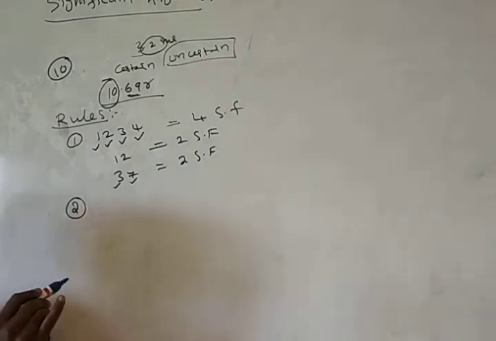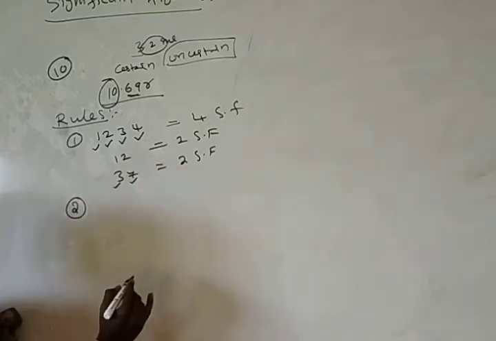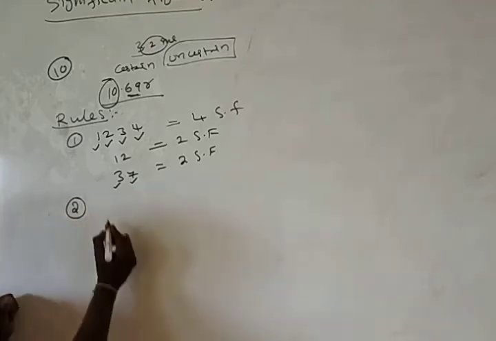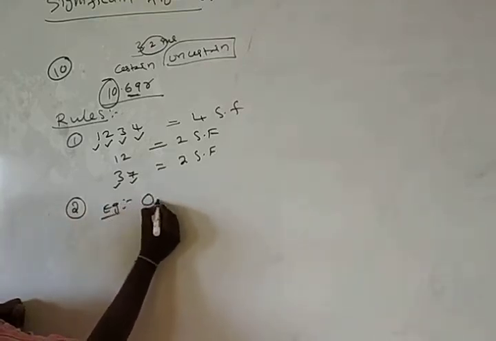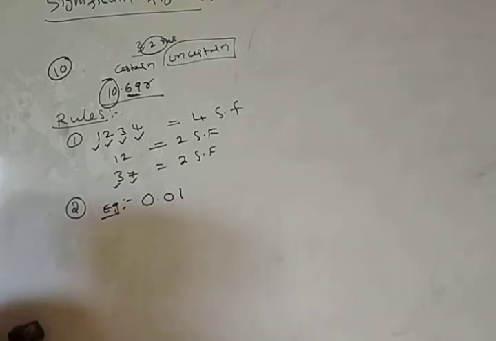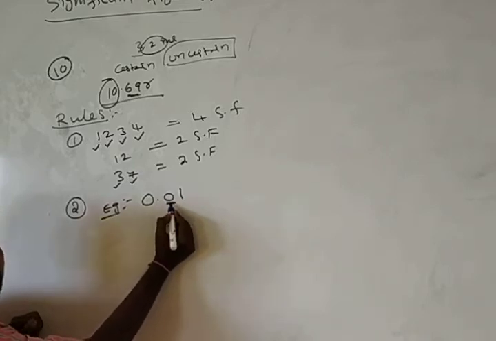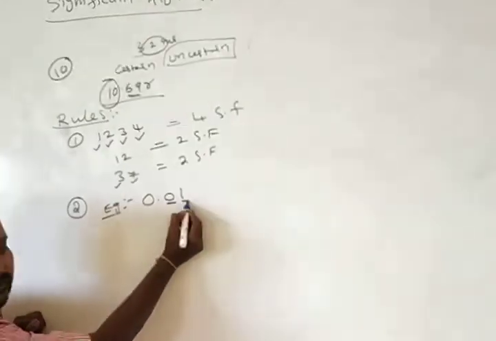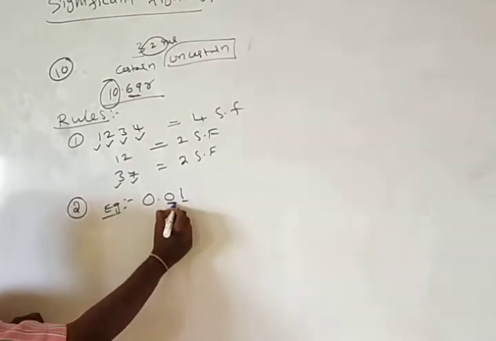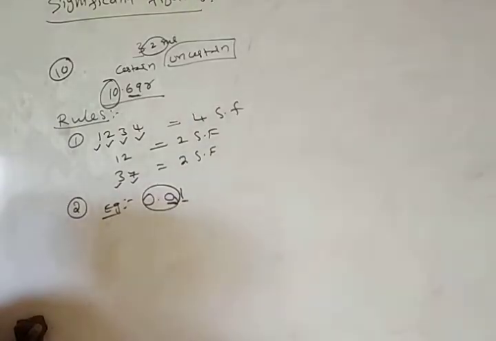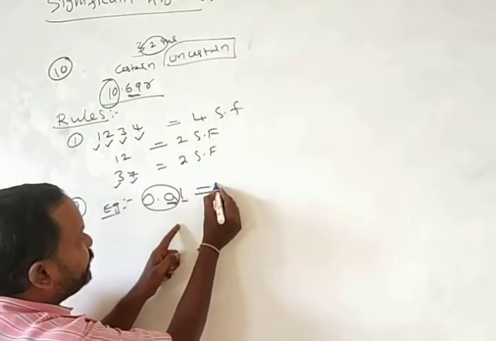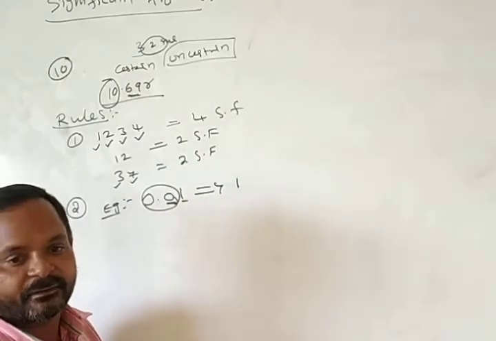The zeros presented right after the decimal, on the left side of the non-zero number, we consider non-significant. Example: 0.01. After the decimal, this zero is before the non-zero digit, so these zeros are non-significant. How many significant figures are present here? Only one.